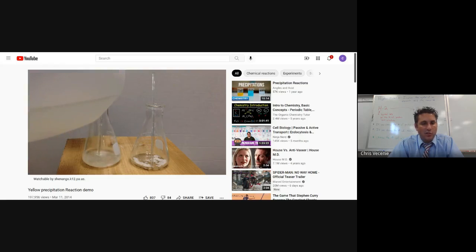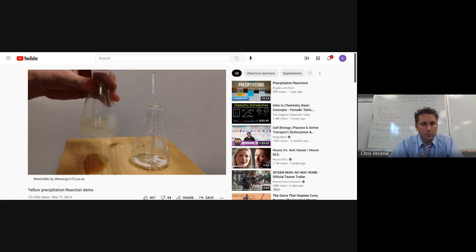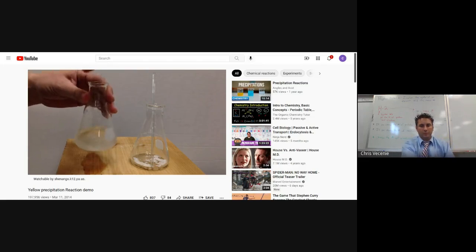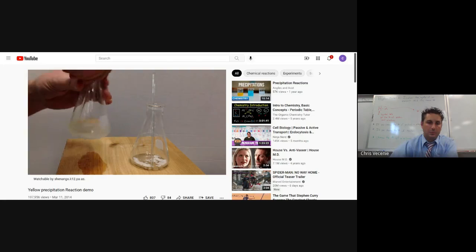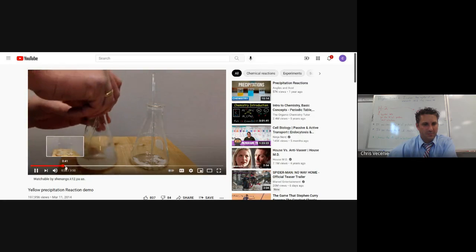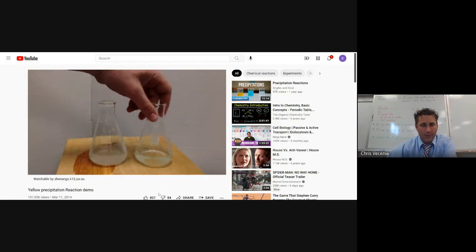Aqueous just means he's dissolving it in water. Mixing, you can see that it makes a solution, and it does dissolve. It is definitely aqueous. And then he did the same thing with the other one.